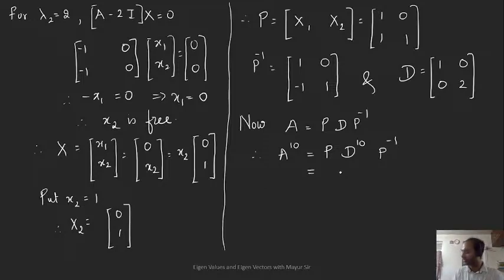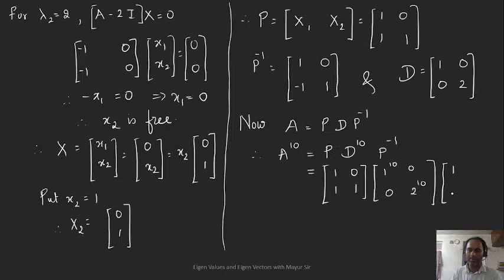So A raised to 10, when we calculate, is going to be P, which is [[1, 1], [0, 1]], D is going to be [[1 raised to 10, 0], [0, 2 raised to 10]], and P inverse is [[1, -1], [0, 1]]. Okay, 2 raised to 10 is 1024. Yeah, 1024 is 2 raised to 10.